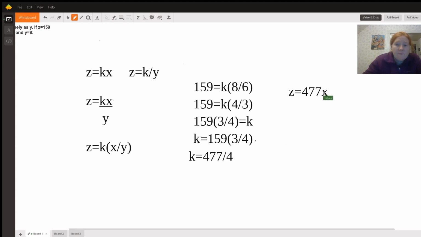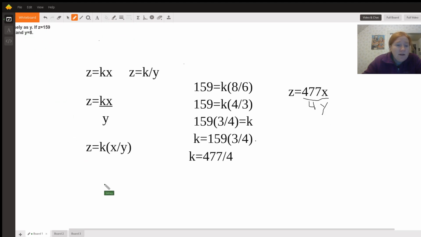Divided by, we've got the 4 in the denominator with the constant, and we have the Y. So that's what it's going to look like. Okay, so that is our equation.